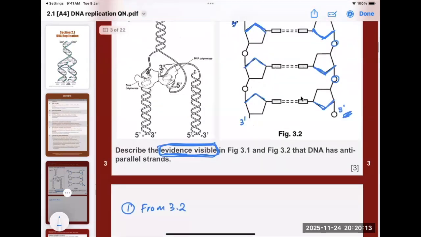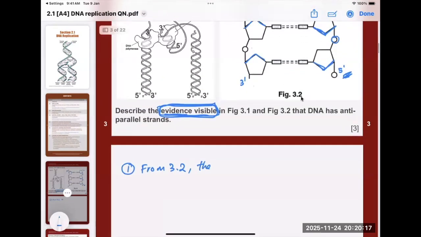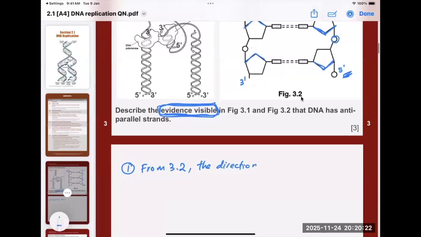So what is visible here from the right? The direction of the pentose sugar is pointing in opposite direction.